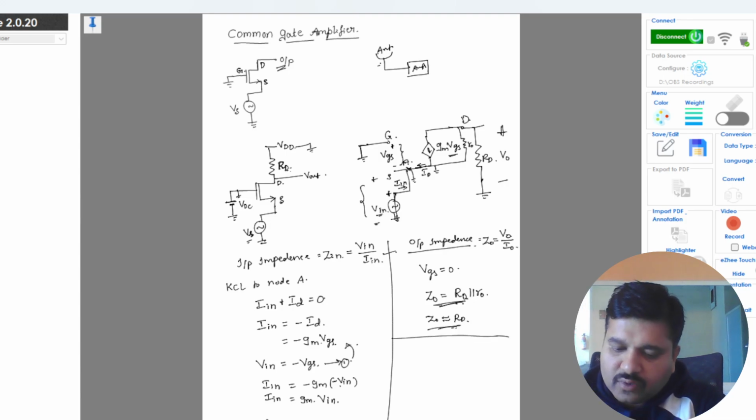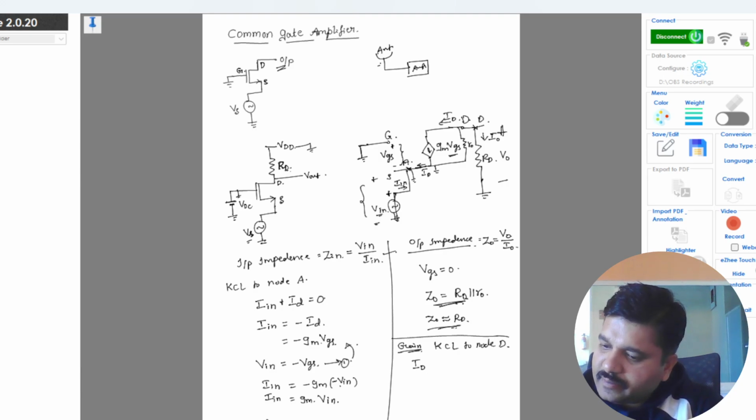Okay, so now to determine the gain of the amplifier, we will apply KCL to the node D. Okay, so now this is your output current and this is your ID. Both the currents are going out of the node.